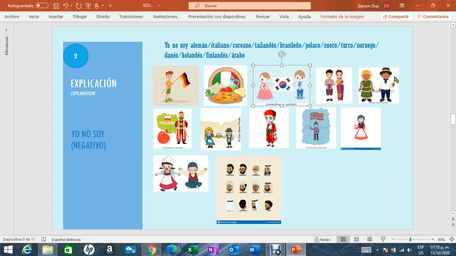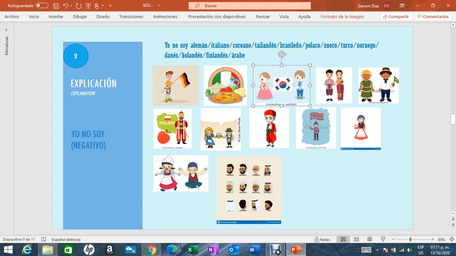Yo soy turco, from Turkey. Yo soy noruego, from Norway. Yo soy danés, from Denmark. Yo soy holandés, from Holland. Yo soy finlandés. Yo soy finlandesa, from Finland. And finally, I am Arabic. Yo soy árabe.